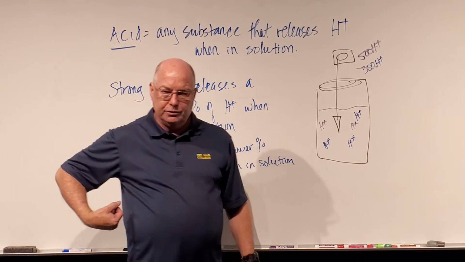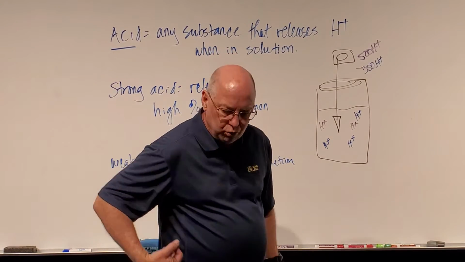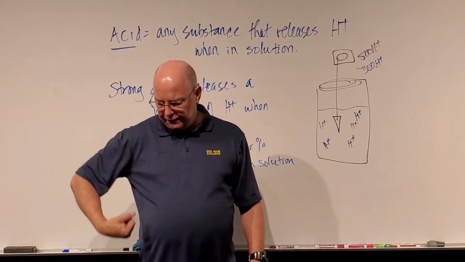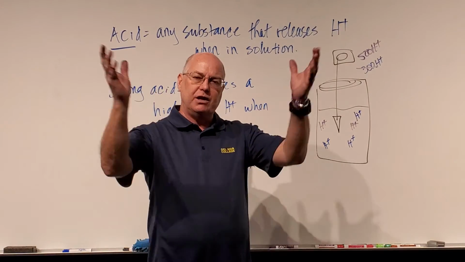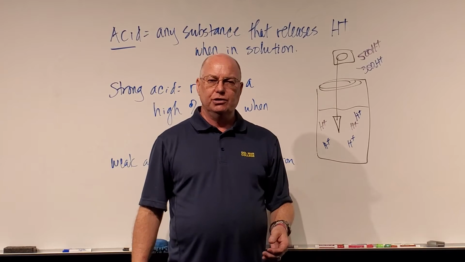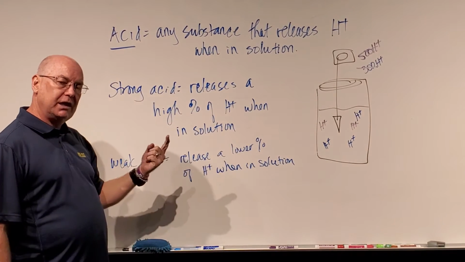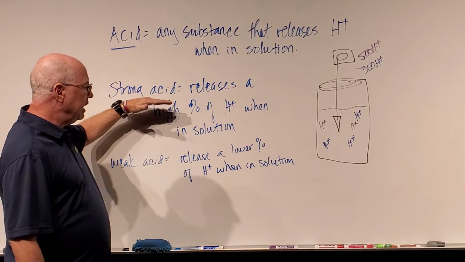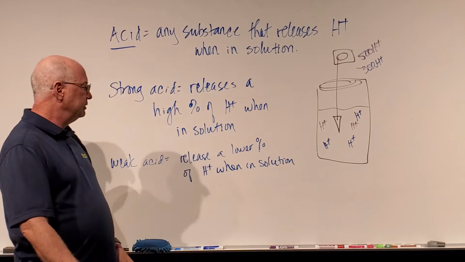The minute they walk in the room, let's say 86 out of the 100 release their beach ball. And I got 14 of them still holding on. But an overwhelming majority released their hydrogen ion when they entered solution. Then that would be a strong acid. It's an acid because it released hydrogen ions. It's a strong acid because a high percentage of them are releasing the hydrogen ion when in solution.